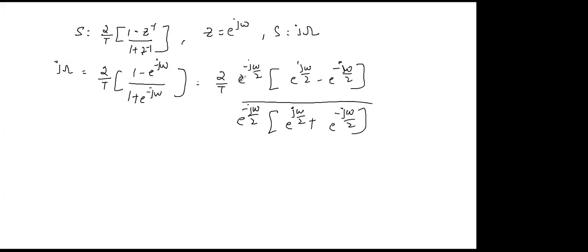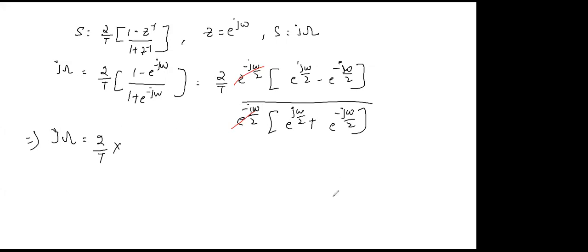Now this e to the power minus j omega by 2 and this e to the power minus j omega by 2 will cancel each other. So what will we get? j omega equals 2 by T multiplied by this; the 2 cancels, no doubt. Then what is the value of e to the power j theta minus e to the power minus j theta?